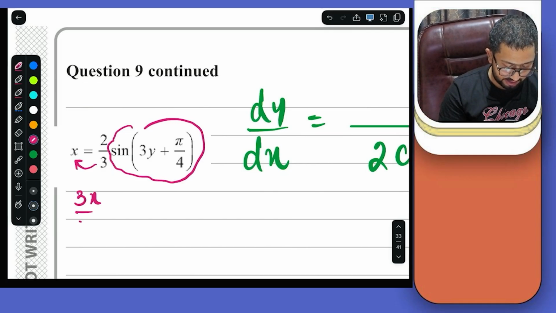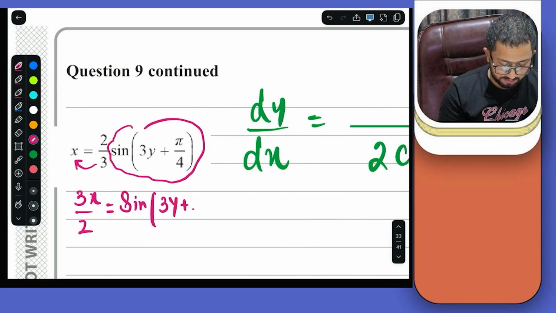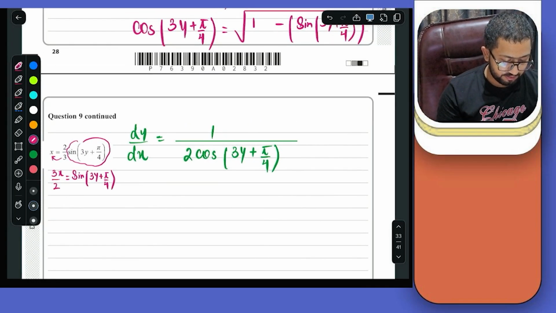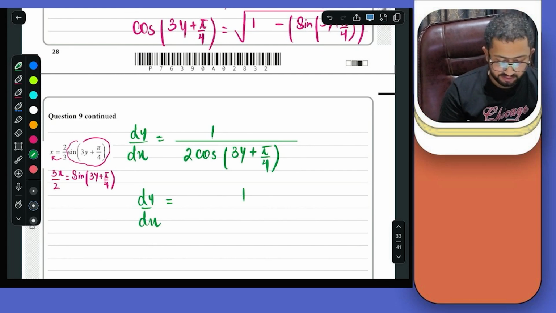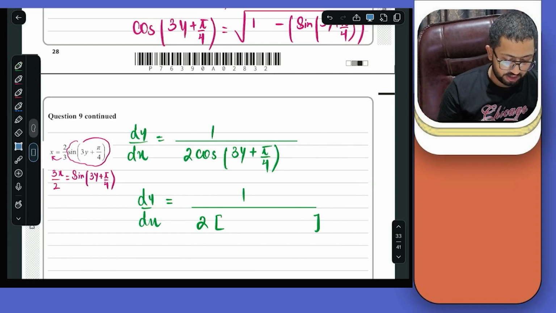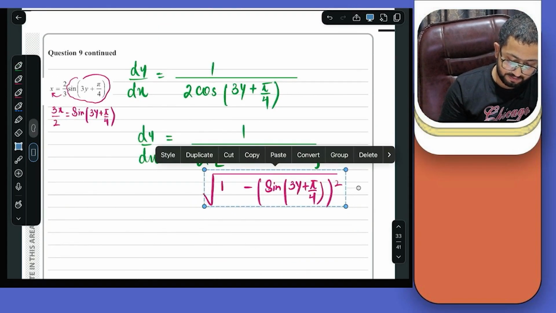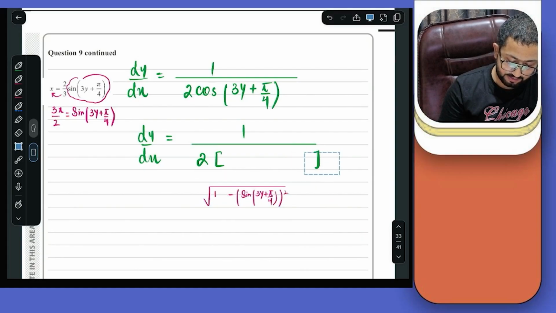So it will become 3x over 2, sine of (3y plus pi by 4). Just substitute, beta, into it. Cos of 3y is equal to this one. Perfect.